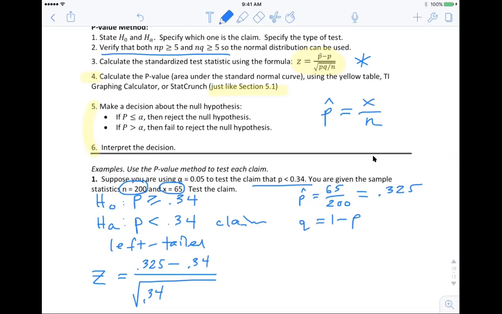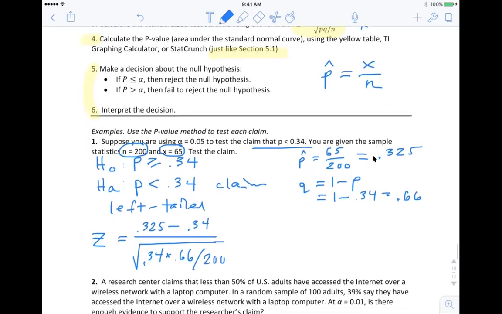So in this case, that's going to be 1 minus 0.34, which is 0.66. Okay, that's what I'm putting here. So times 0.66, right? And then divide by n. n is 200. Typically, that's your sample size, how many people were surveyed. Okay, so that breaks down all of the variables in the formula and how to find them.